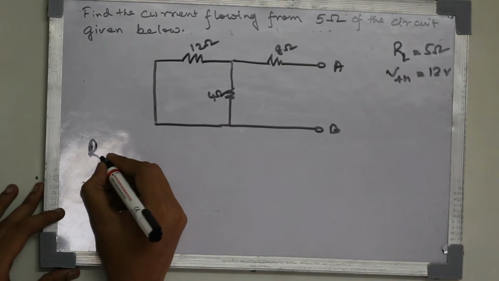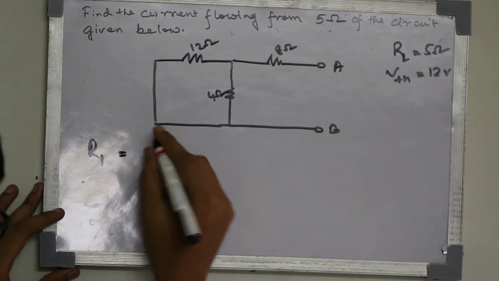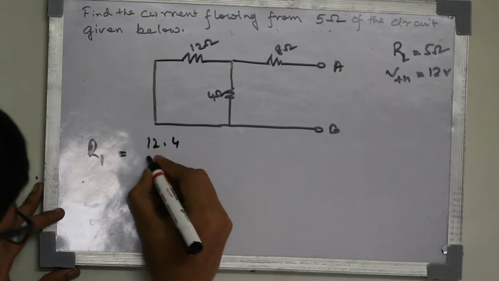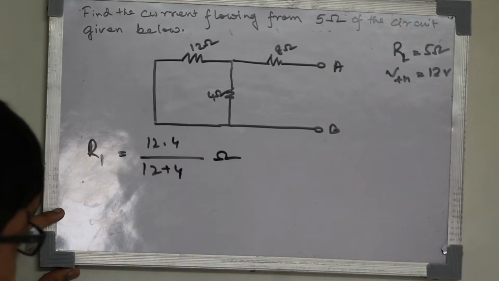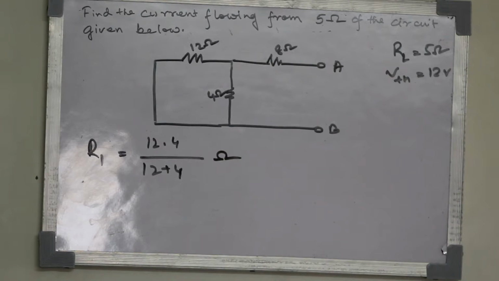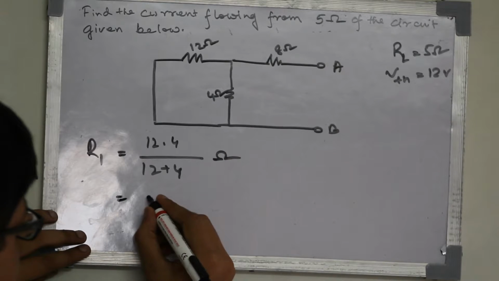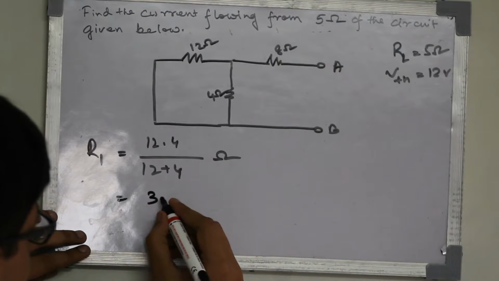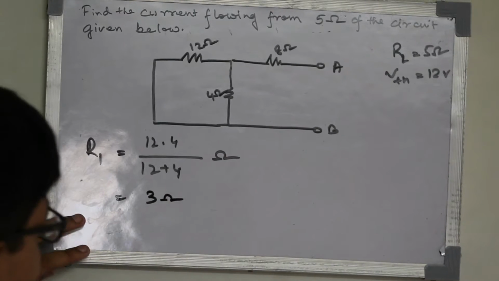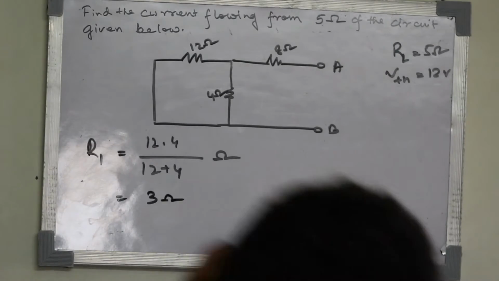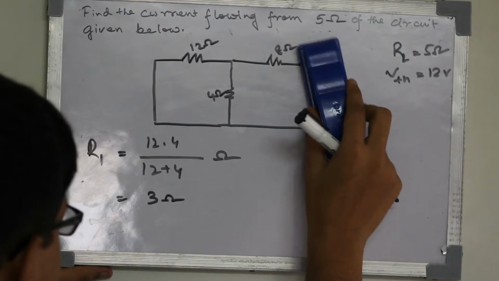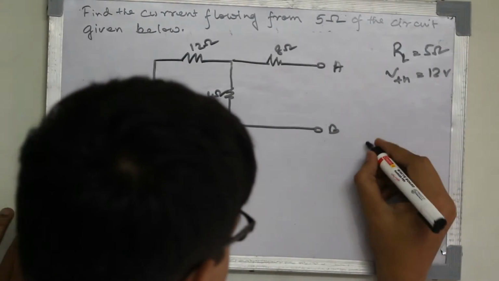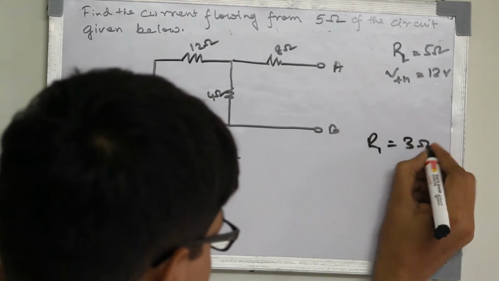So R1 equals to 12 into 4 upon 12 plus 4 ohm, because they are in parallel. So this is equals to around 3 ohm. So if we reduce this circuit, this will become like this. So now our R1 is 3 ohm.